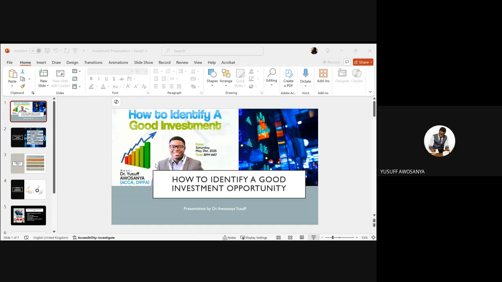All right. So let's start with investment. What's an investment opportunity? What makes a good investment opportunity? First of all, for it to be an investment, it needs to have growth potential. What does that mean?